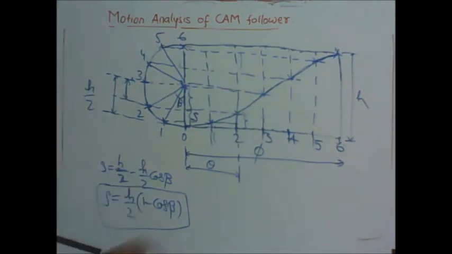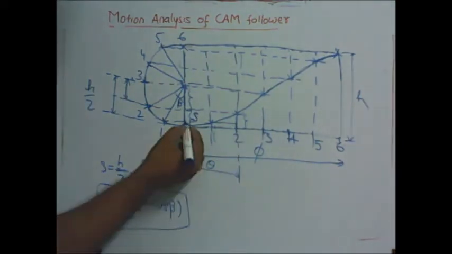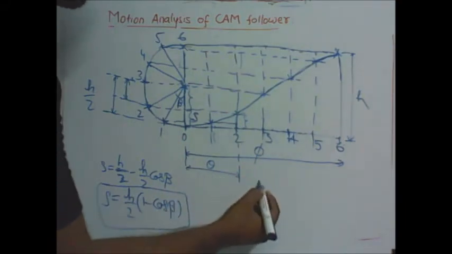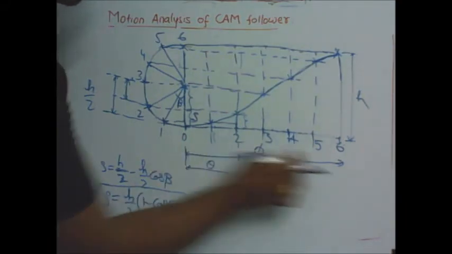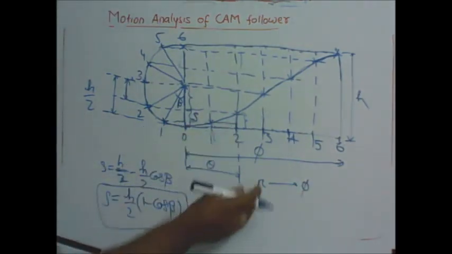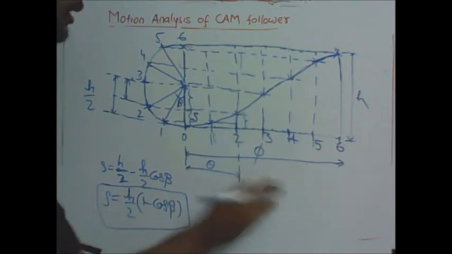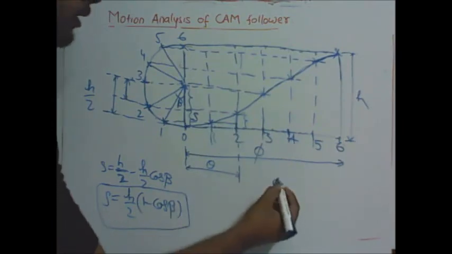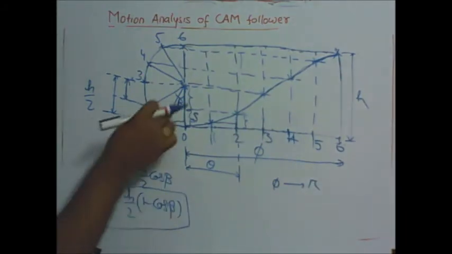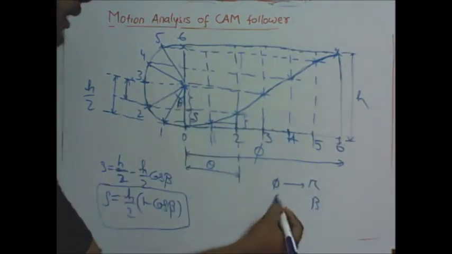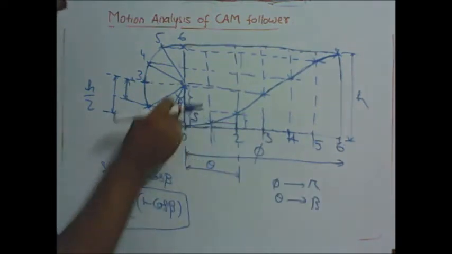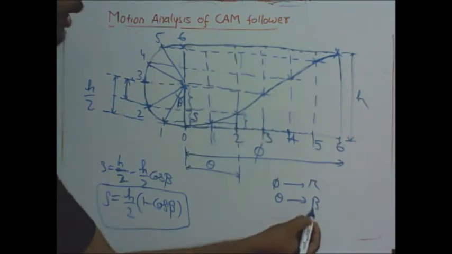Furthermore, we know that in the simple harmonic case, when the angle on the harmonic circle is pi, on the cam angle we get phi. Or in reverse, when it is phi, we get angle pi. Now when we are rotating the cam to theta, we get beta angle on the cam harmonic circle.